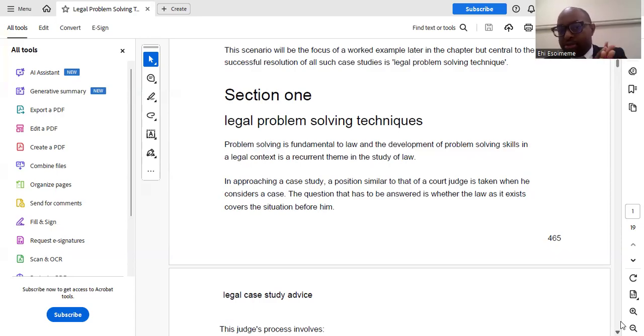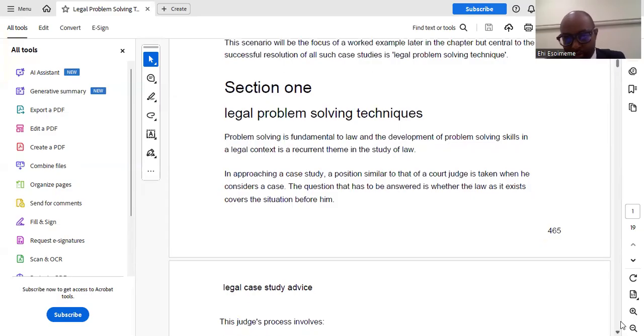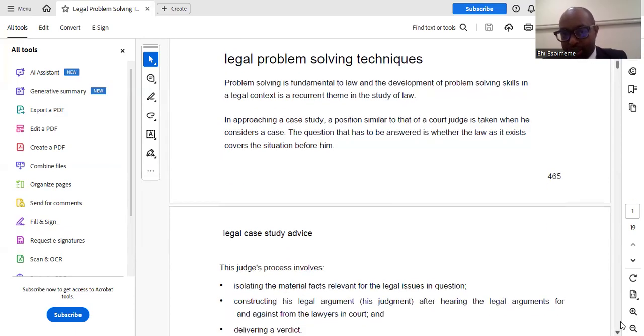But when you are approaching a legal case study, you're adopting the approach of a court judge. The court judge looks at it from different angles. So you have different parties there looking at it from different angles. He's also looking at it from different points of view in terms of the law. So the question to be answered is whether the law as it exists covers the situation before it. So that's what the judge is actually looking at.